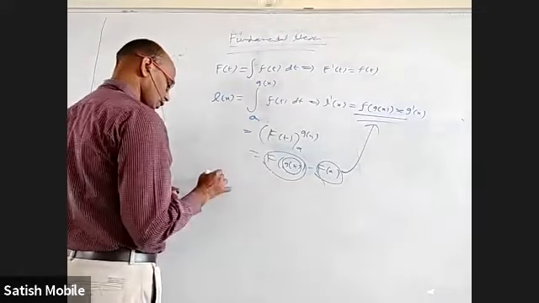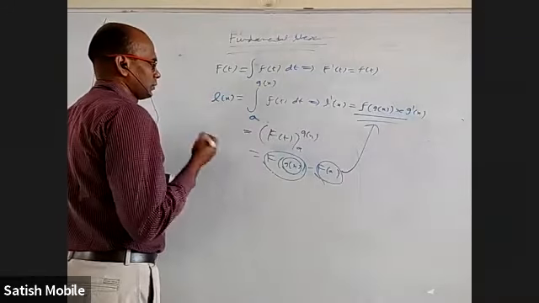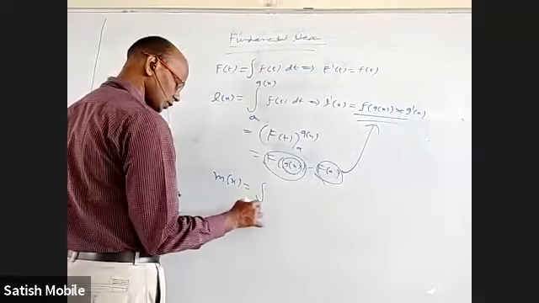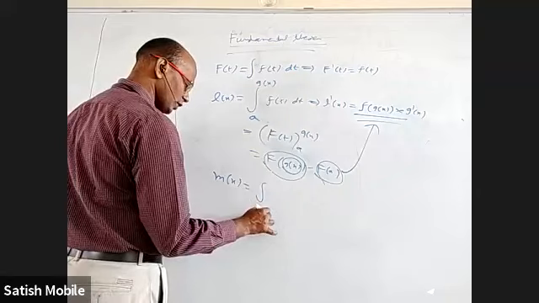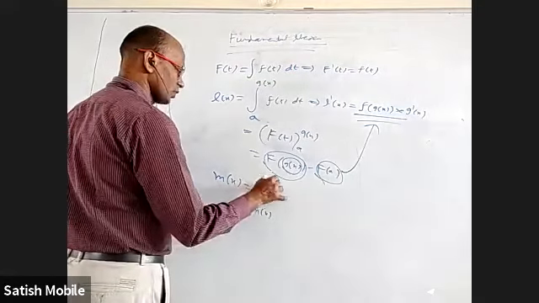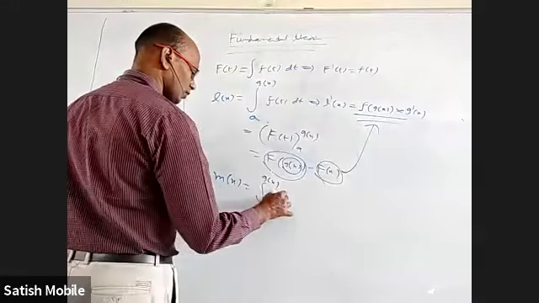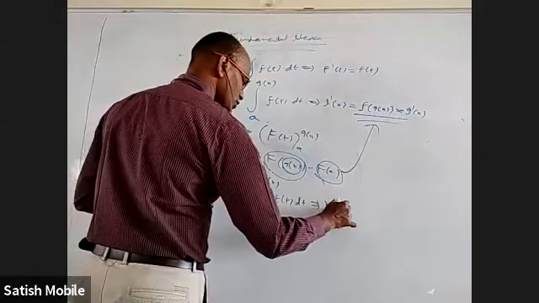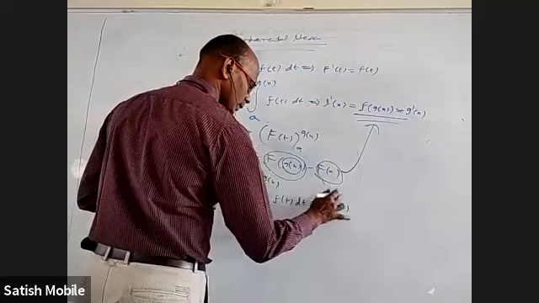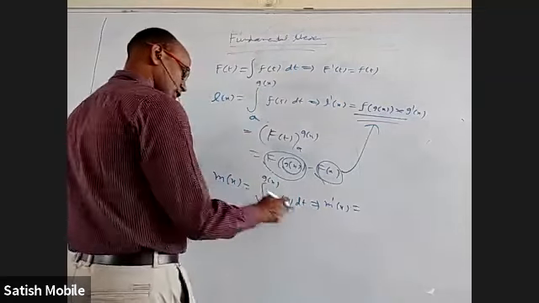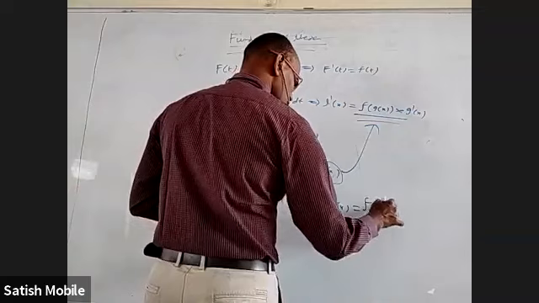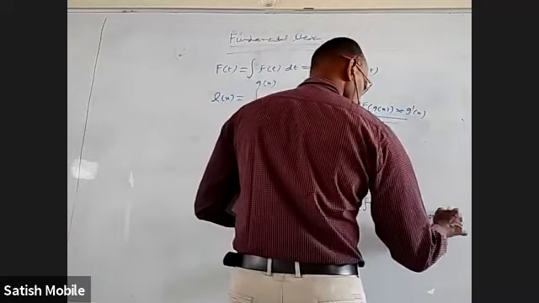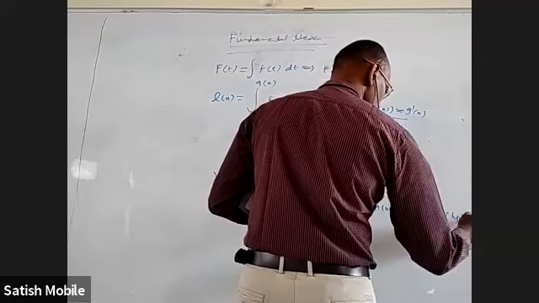Okay, so let me write some other, let's say m of x, is the integral from some h of x to some g of x of f of t dt. Then m dash x, put upper limit: f of g of x into g dash x minus f of h of x into h dash x.